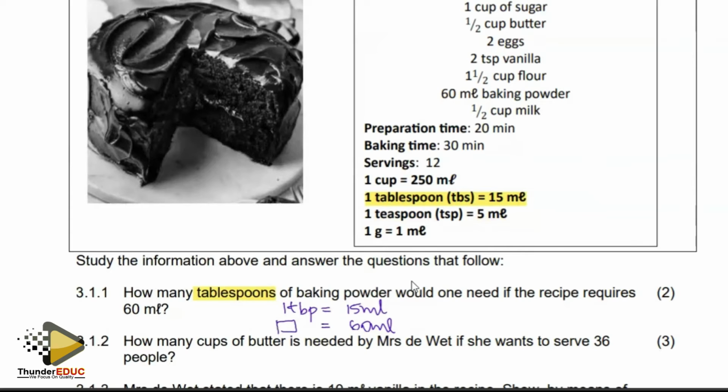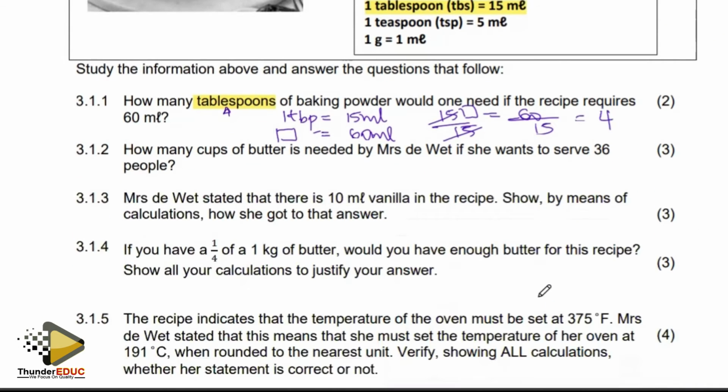We are looking for how many tablespoons. So simply meaning 15 times the gap equals 1 times the 60. I divide through by 15. So my tablespoons are 4. So I need 4 tablespoons.